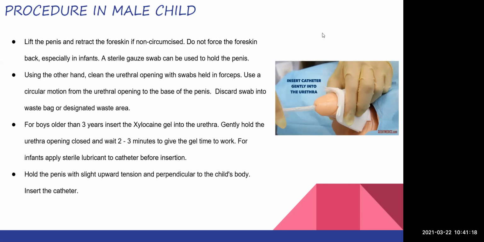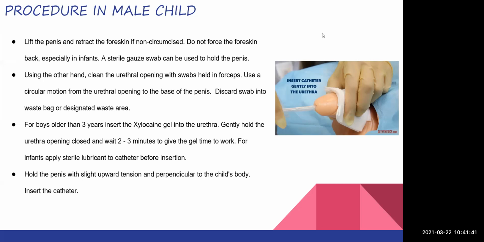Discard the swab each time into waste bag or designated waste area. For boys older than 3 years, insert xylocaine gel into the urethra. Gently hold the urethra opening closed and wait 2 to 3 minutes to give the gel time to work. For infants, we can apply sterile lubricant to catheter before inserting the catheter.